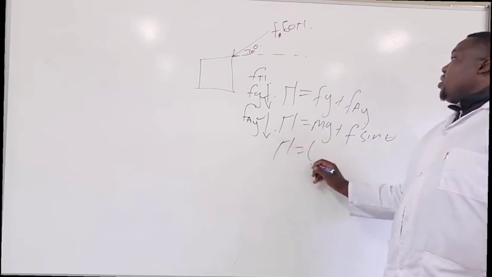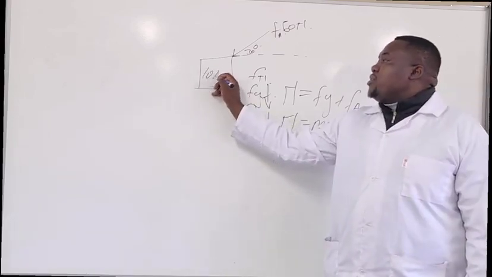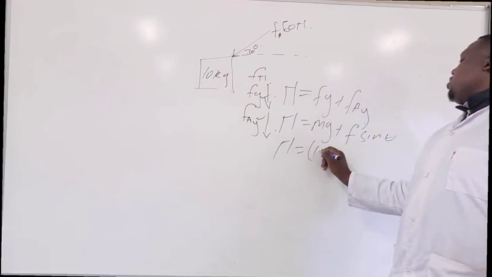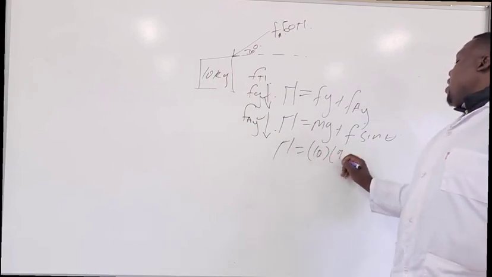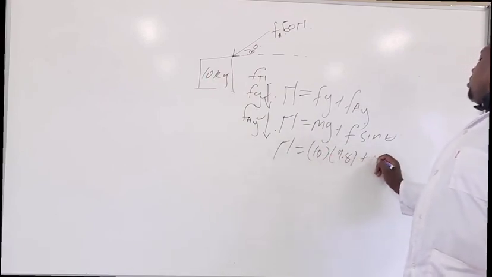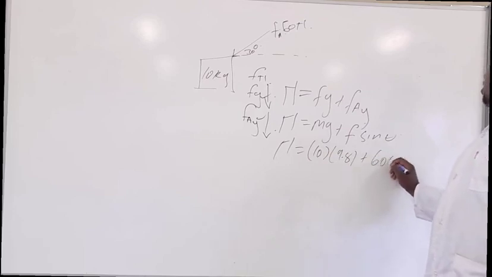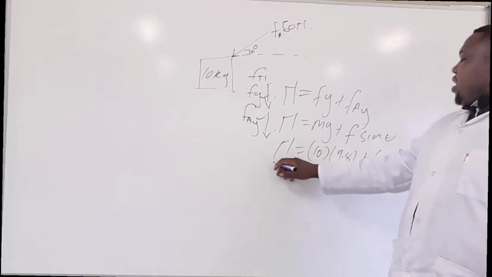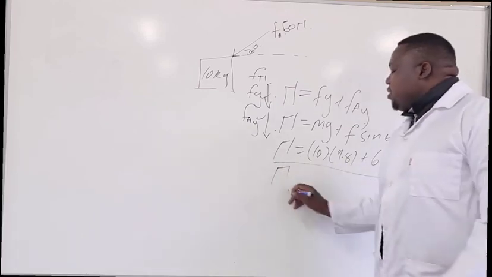Let's say this one is 10 kg. Normal force is going to be 10 multiplied by 9,8 plus force, which is 60 sine 30. So then we get the normal force.